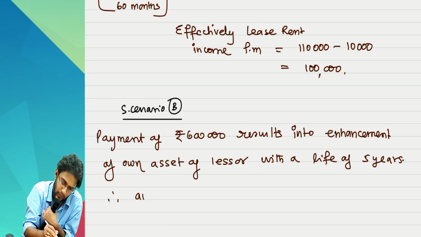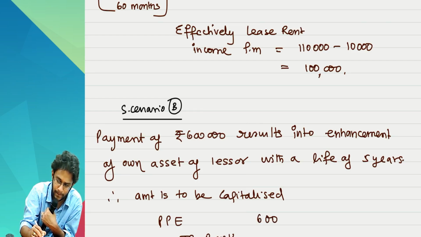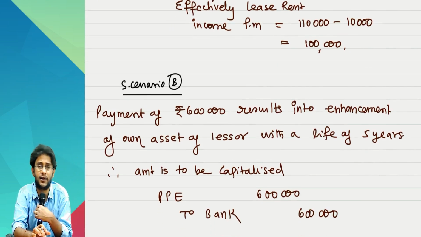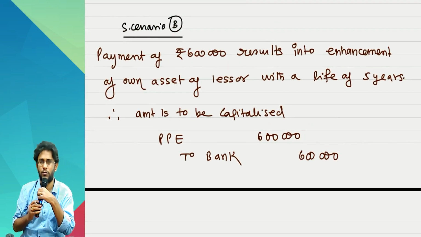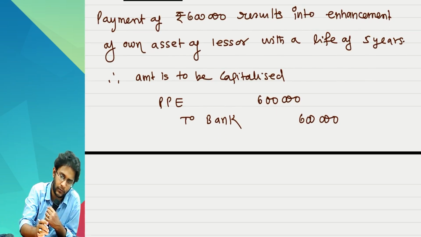Therefore, the amount is to be capitalized. So PPE account debit to bank. Which asset exactly is getting improved? Data is not given. Most probably the building which is given on rent. So PPE account debit to bank.